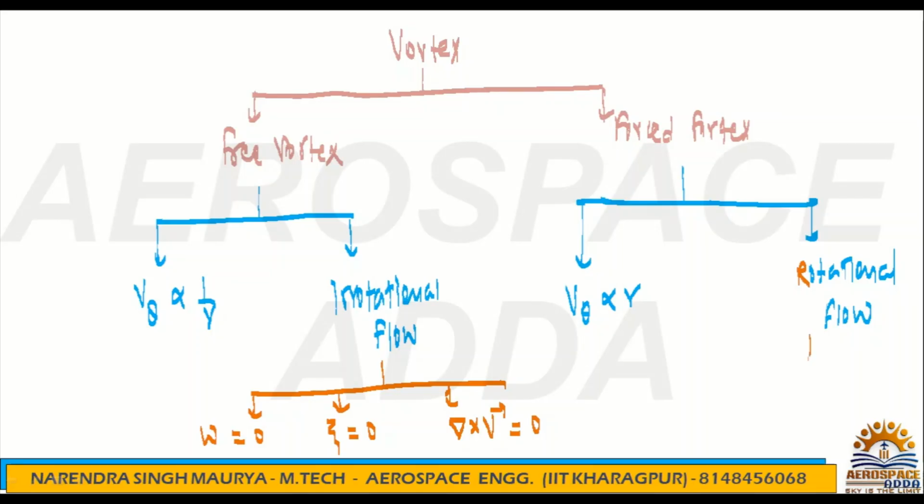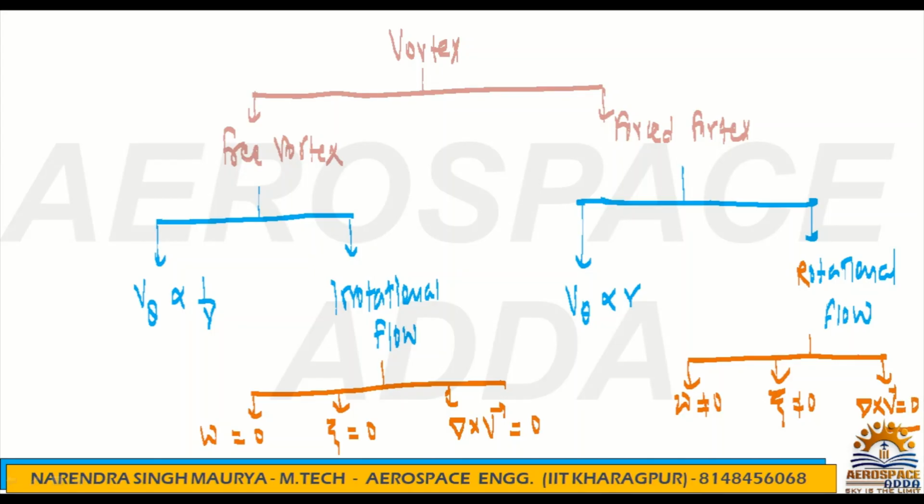And for rotational flow, you all are aware angular velocity does not equal 0. Vorticity does not equal 0. Curl V vector does not equal 0. This point you need to remember. This is very special, very important.